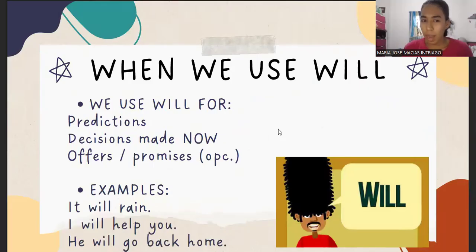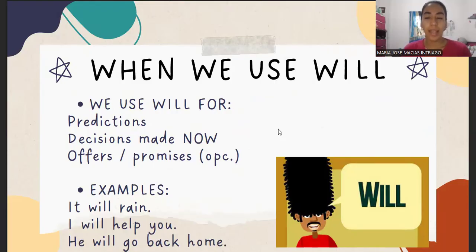When do we use will? First, let's look at will. We use will for predictions and for decisions that I make right now, in the moment. For example, I will write.